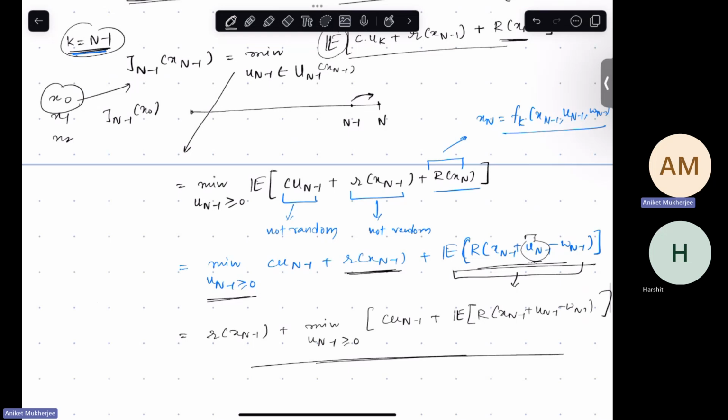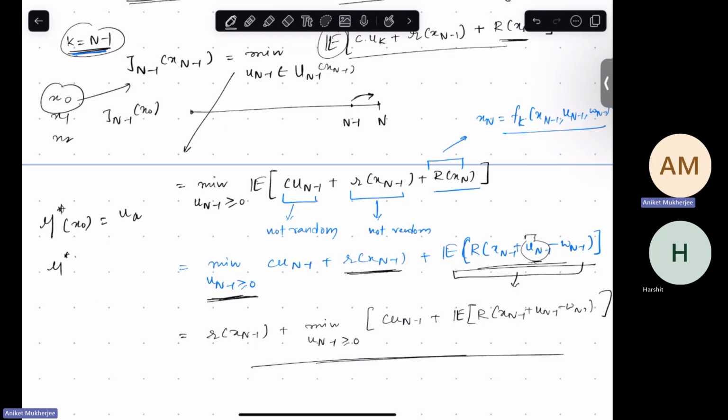Then you'll get some optimal action, say u_a.